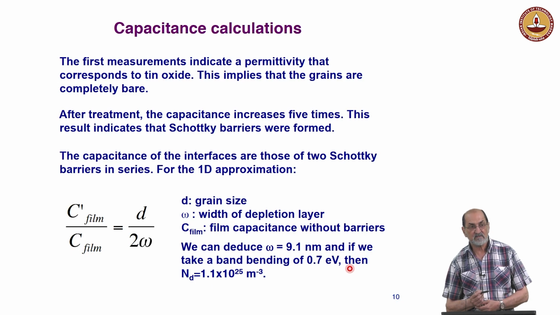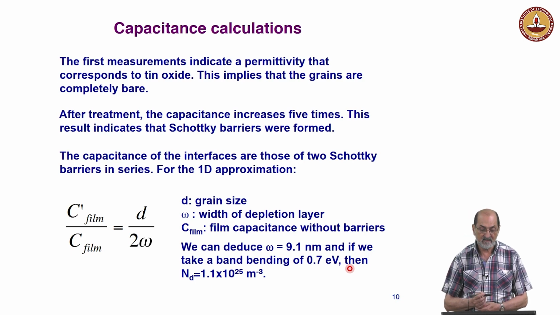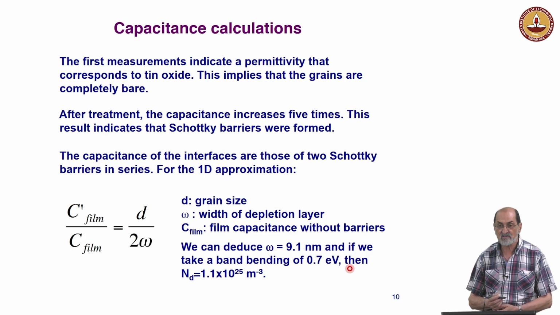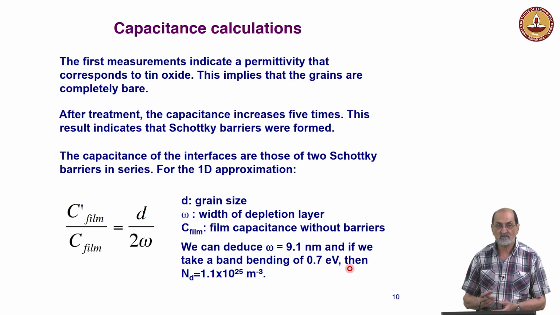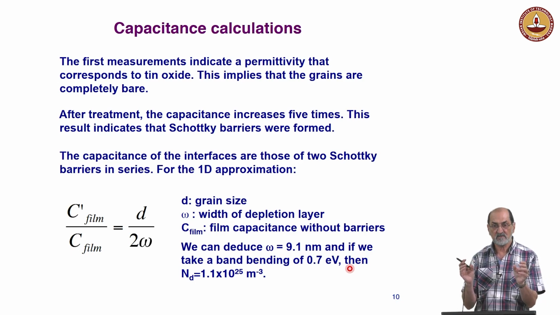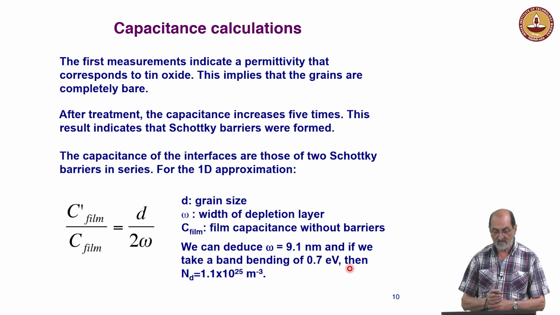After the treatments, when we have the larger dopant concentration, the capacity increases 5 times. If the capacity increases so much, the only answer is that the dopant concentration had to be increased. We form Schottky barriers, and then the total capacity should be much higher than that for the bulk.